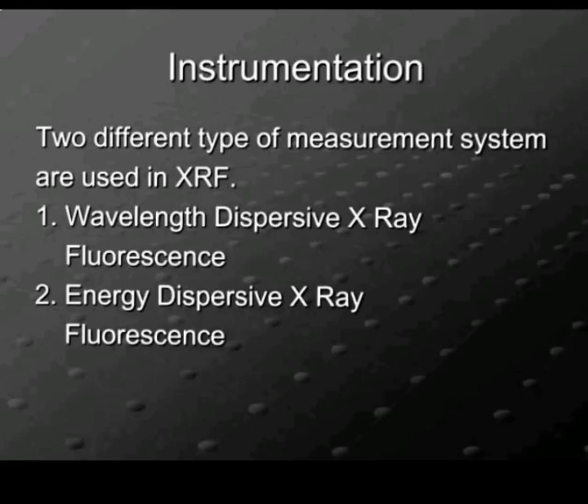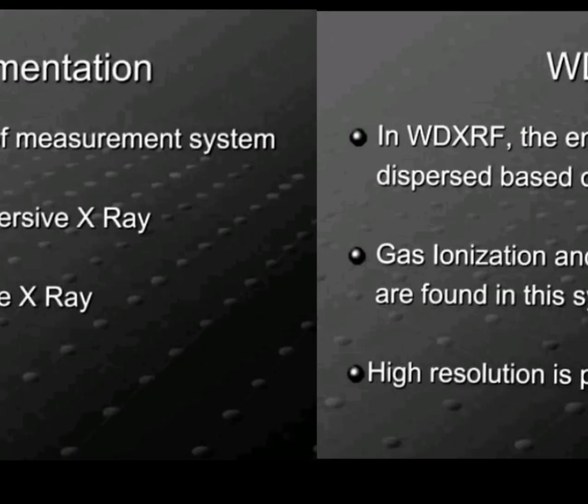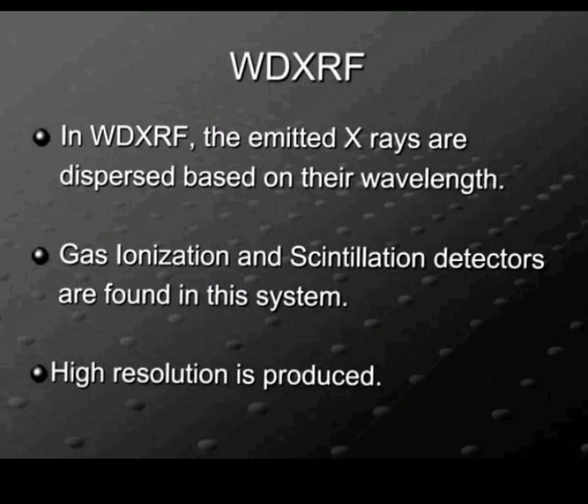Now, the instrumentation. Two different types of measurement system are used in XRF. Number 1, wavelength dispersive X-ray fluorescence. Number 2, energy dispersive X-ray fluorescence. WDXRF. In WDXRF, the emitted X-rays are dispersed based on their wavelength. Number 2, gas ionization and scintillation detectors are found in this system.